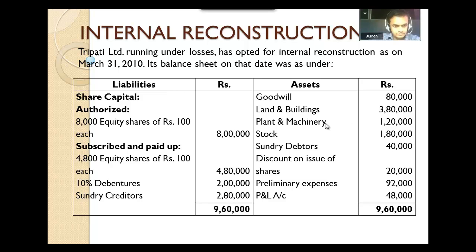Their assets consist of goodwill 80,000, land and building 3,80,000, plant and machinery 1,20,000, stock 1,80,000, sundry debtors 40,000, discount on issue of shares 20,000, preliminary expenses 92,000, and profit and loss account 48,000.